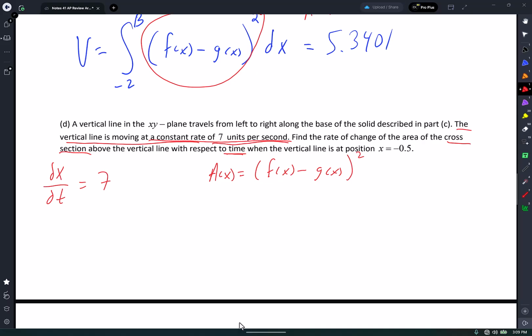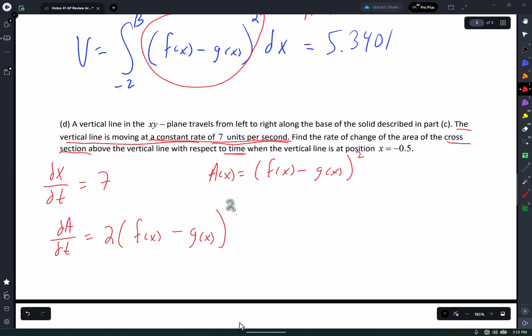So you guys ready? So here we go. dA/dt equals, bring the 2 to the front, f of x minus g of x, close it, power 2. Am I done? Chain rule. Oh, and it's not power 2, by the way.